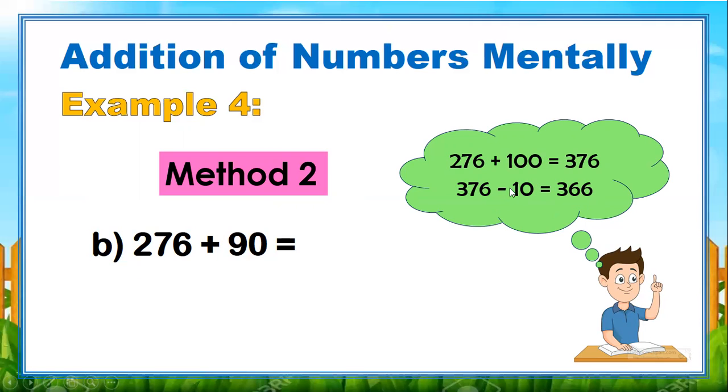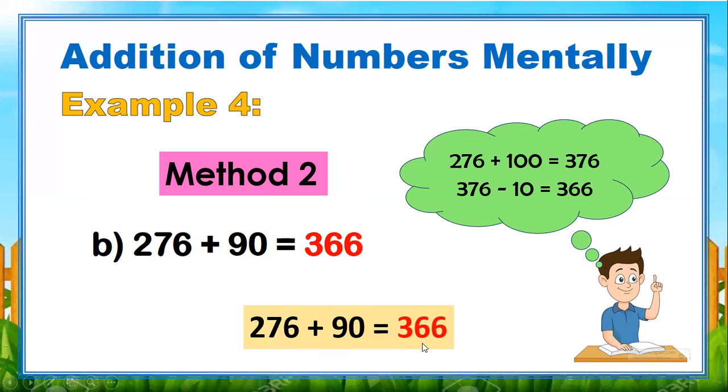Why do we need to subtract 10? Because our given is only 90, right? But as you can see, we get the same answer as the previous one. So 276 plus 90 will give us the sum of 366.